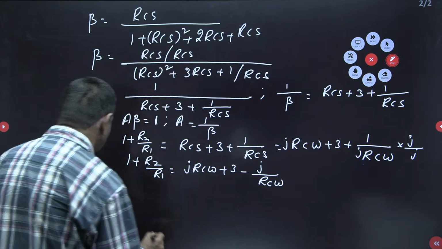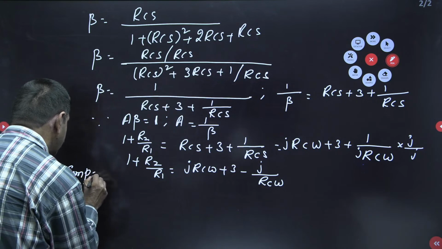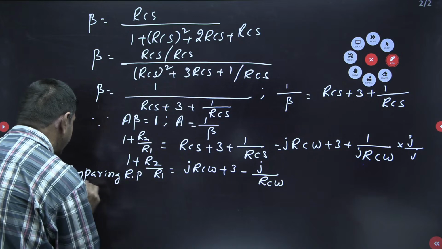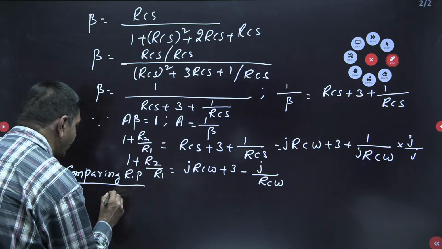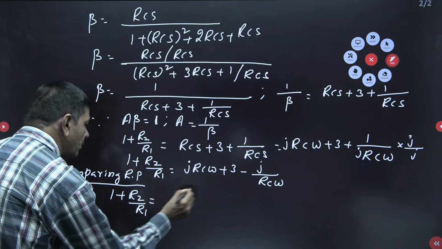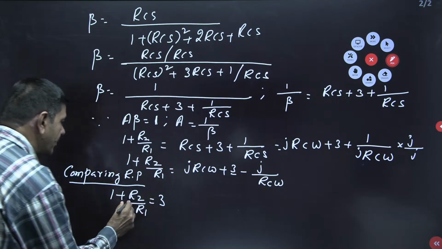I want to compare the real part on both sides. Comparing the real part, 1 plus R2 by R1 equal to the real part I got, that equals 3 only. Now I can find what R2 is.